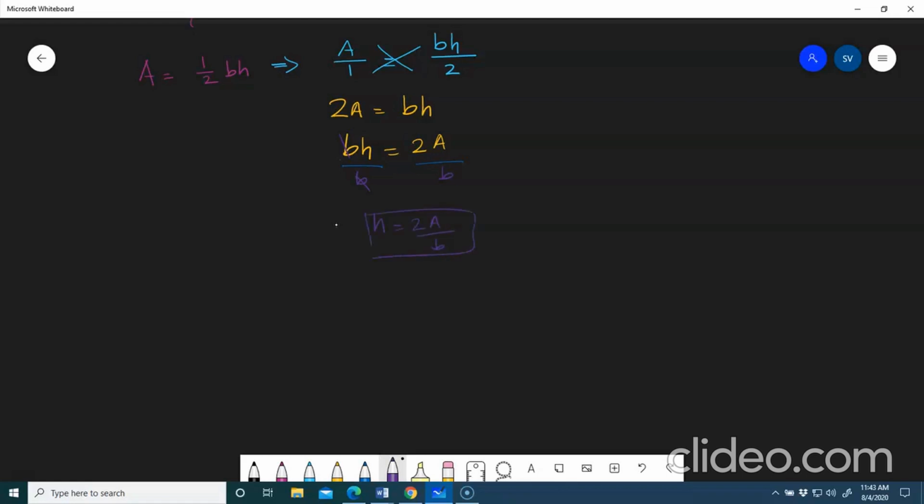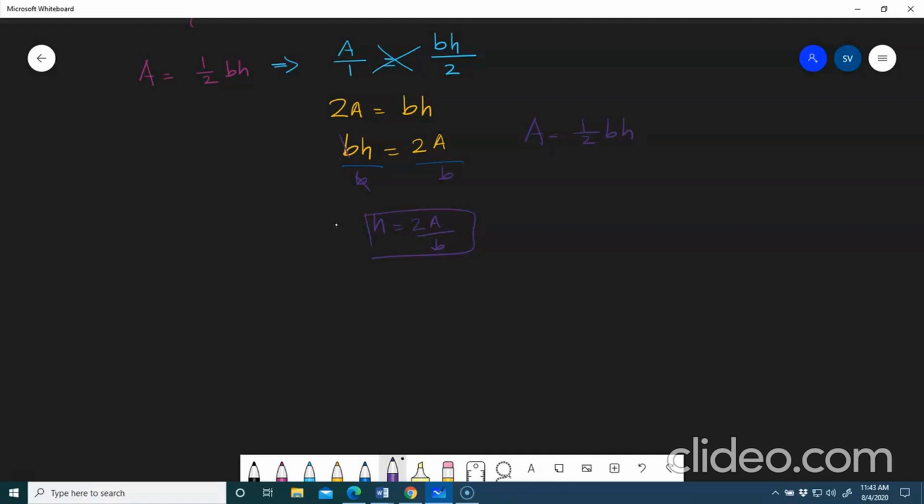So this is actually generating another idea. What was the equation? a is equal to half bh. What is this? This is the area of a triangle. The area of a triangle is half bh, and we found that h is equal to 2a by b.